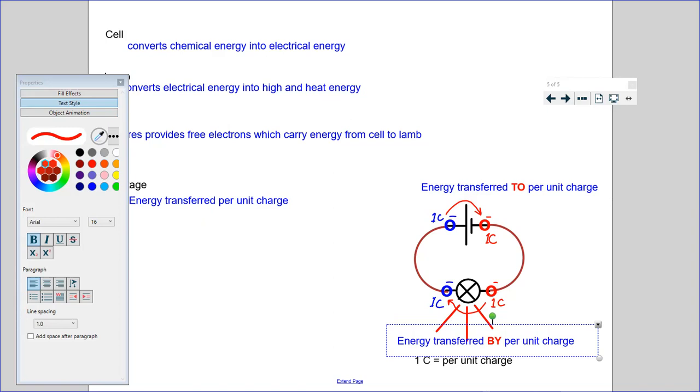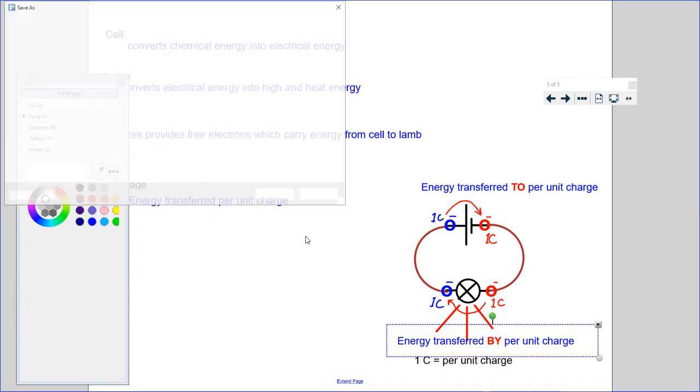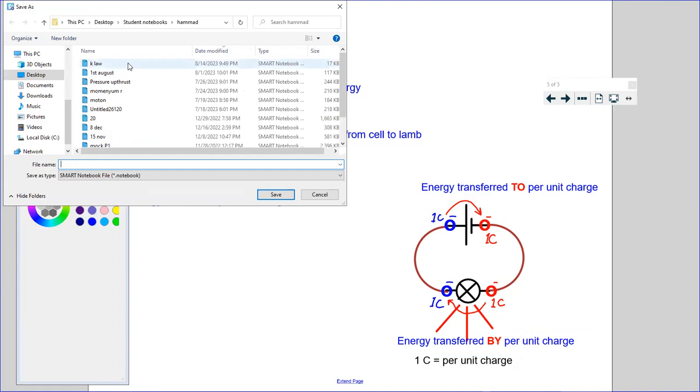Got it? But when the same per unit charge passes through that lamp, what happens? Energy is transferred by that charge. Got it?